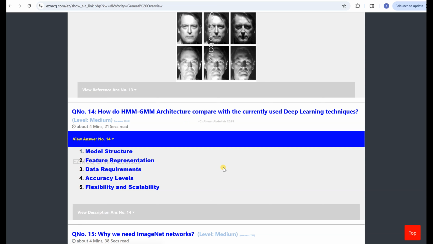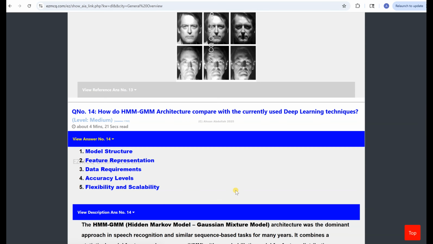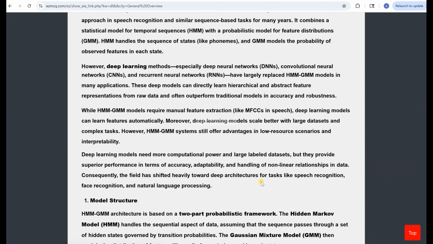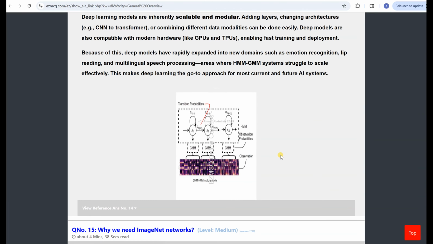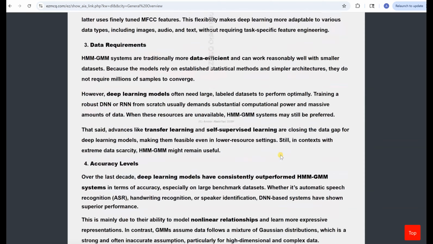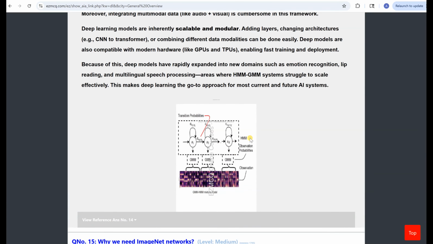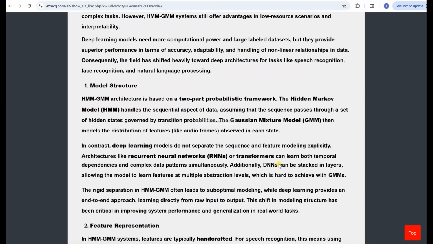So let's go one by one. Let's first talk of the model structure. And there is a nice diagram also, which we will discuss towards the end. So this is the nice diagram I was referring to. Basically, you have hidden Markov models and you have Gaussian mixture models.